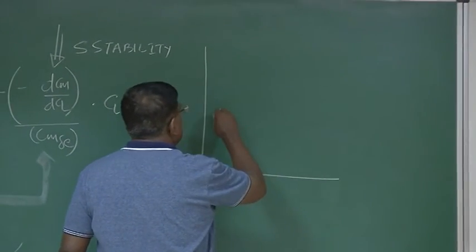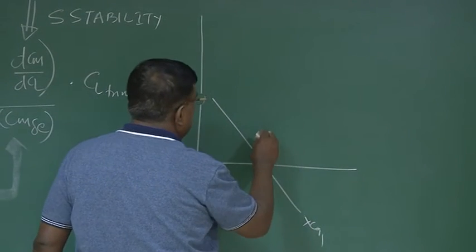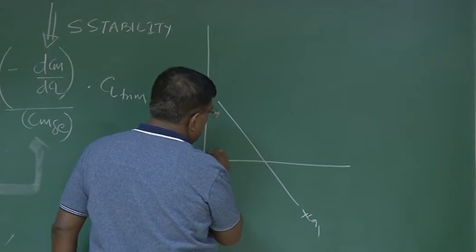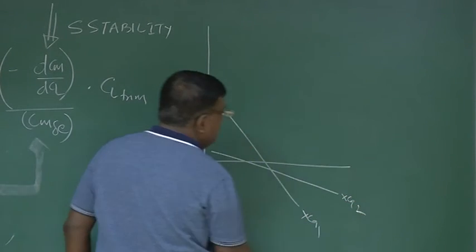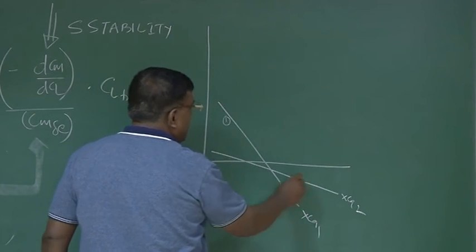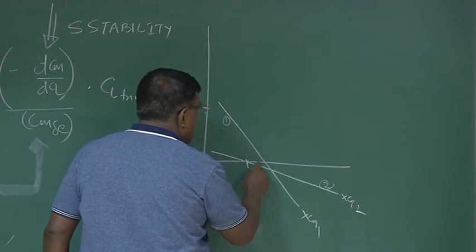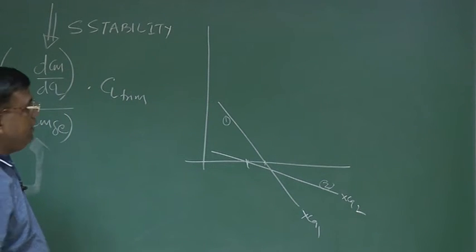Suppose this is the aircraft at xcg1, and this is the aircraft at xcg2, which is statically more stable. Definitely, if I call it 1 and call it 2, it has a more negative slope at the trim at this point.